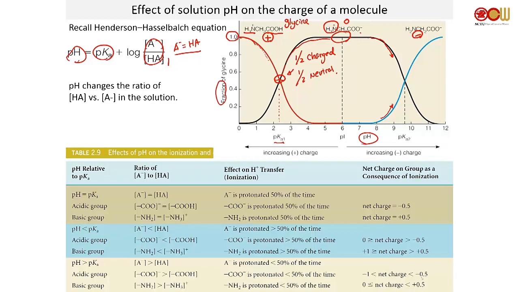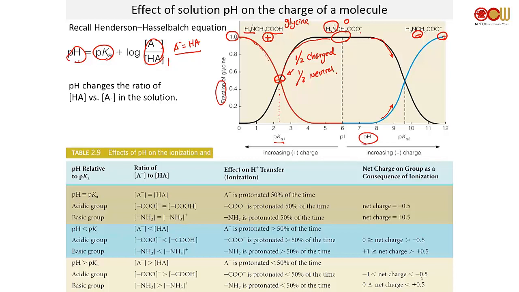By a pH of 12, you have pretty much all of your species in the minus charge form, the basic form, the deprotonated form, whichever you like to call it, okay? Does that make sense? I think this chart is quite self-explanatory.